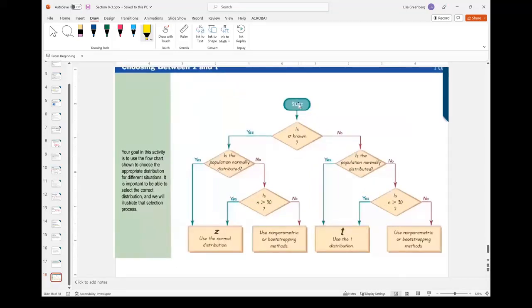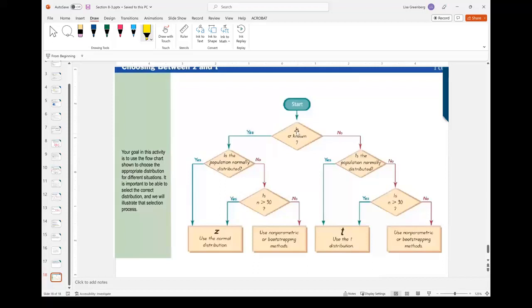So we start here. Do we know the population standard deviation? If we do, we go this way. Is the population normally distributed? If it is, we use our z-score. If it's not normally distributed, we find out if n is greater than 30. If it is, we can use our z-score. If it's not, then we use that alternative method that we're not going to talk about.